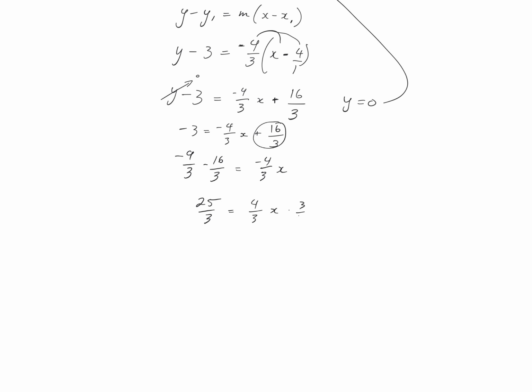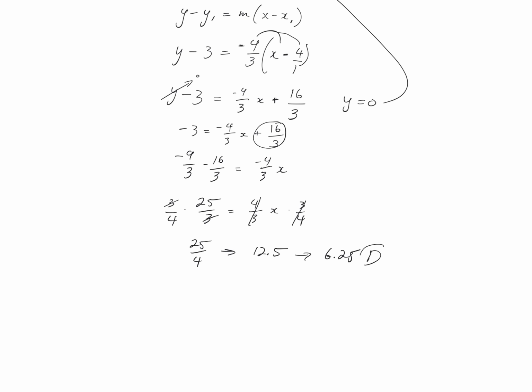Multiply both sides by 3/4. These cancel, those cancel, and x is 25/4. And that means we cut it in half twice. So we cut it in half once and we get 12.5, and we cut that in half again and we get 6.25. So the answer is D.